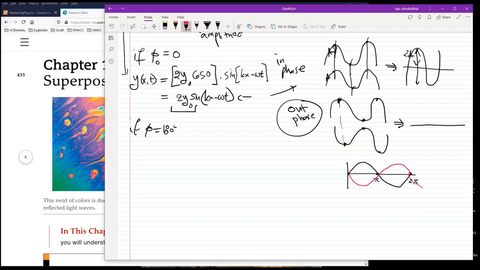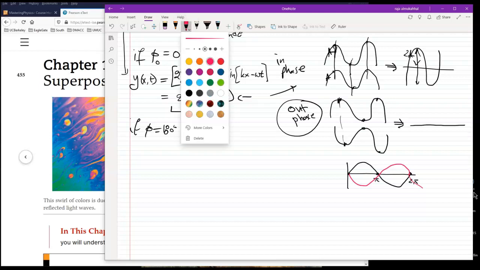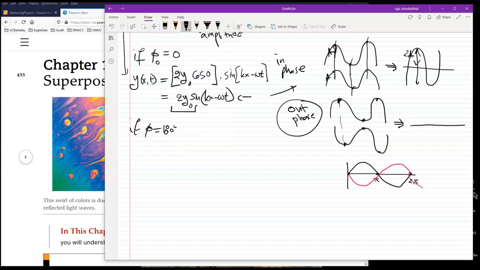Well, let's see that we indeed will get annihilation, total annihilation, or total destruction, or they call it sometimes destructive interference. We're going to talk about that in the next chapter when we cover interference.